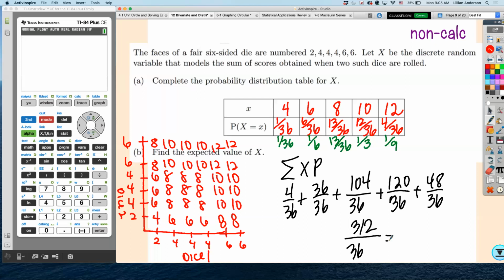It doesn't? Are you using your calculator? Let's reduce this though. It's divisible by 2. You can take 12 out of it and it would be 26 over 3. Ooh, yes, thank you. You said 26 over 3? Yeah. Wonderful. So then that would be my expected value. Simple as that.